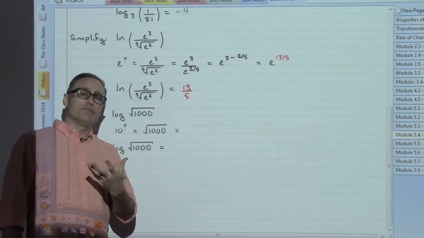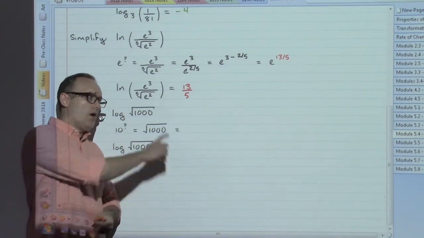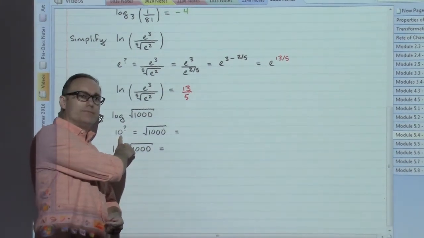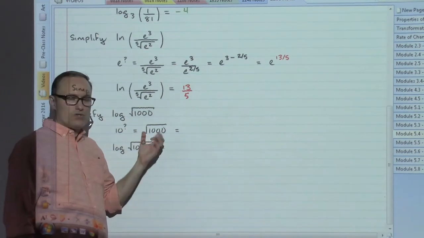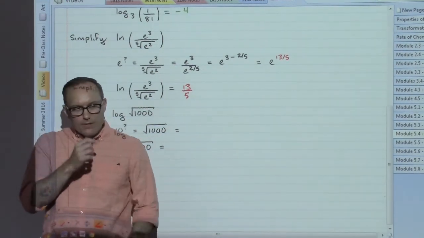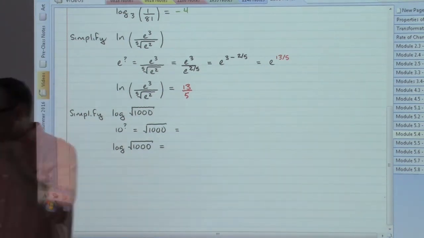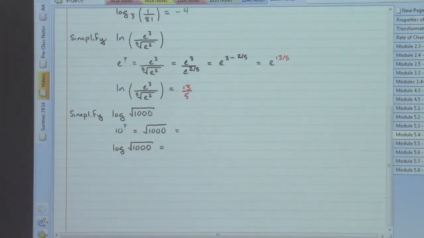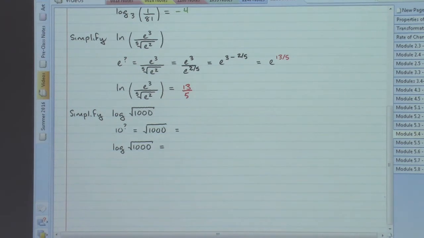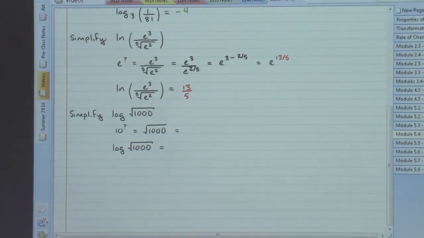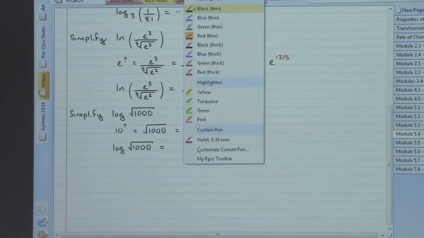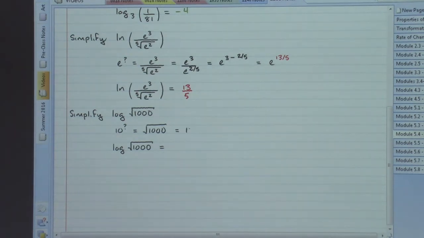So log, automatically making me say to myself, what power on 10 will give me square root of 1,000? Okay. Well, we just said roots tie in with fraction powers. So that's a square root, also known as the second root, also known as the denominator of my fraction power, would have to match with that second root.